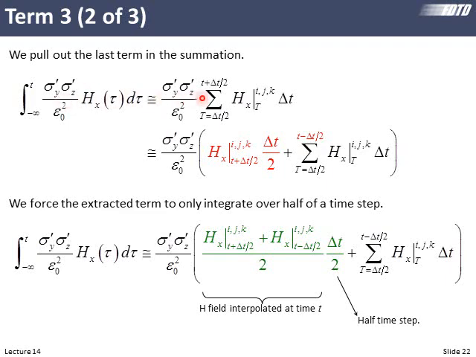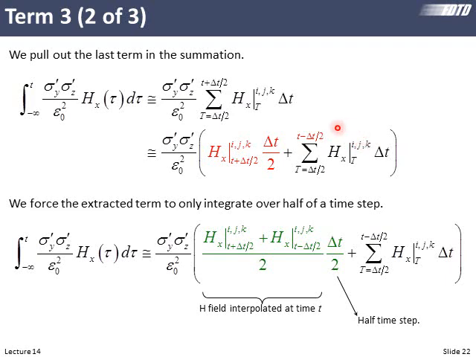So this top equation is where we were on the previous slide. And this summation is incorrect, remember, because we've integrated too far. So what we can do is take this term and pull the last term out, and we only sum up to t minus delta t over 2. But for the term we pull out, we only want to integrate over half of a time step. And so now we've fixed it. We've only integrated up to time t instead of t plus delta t over 2.